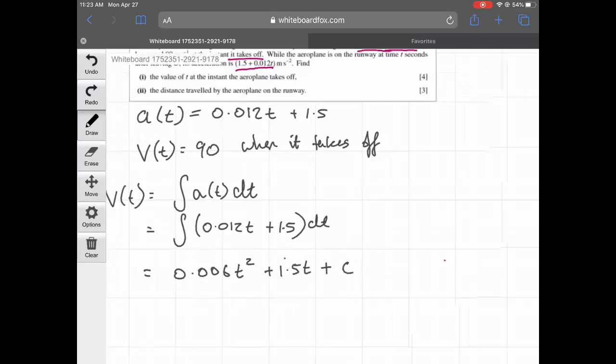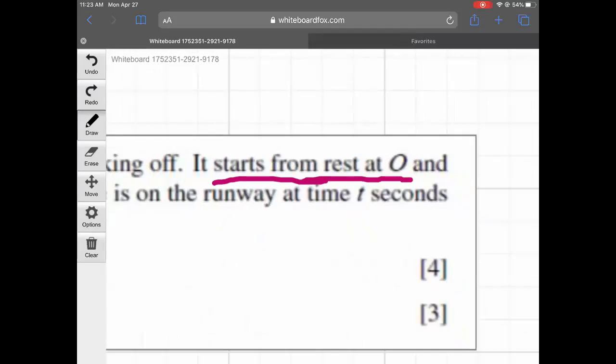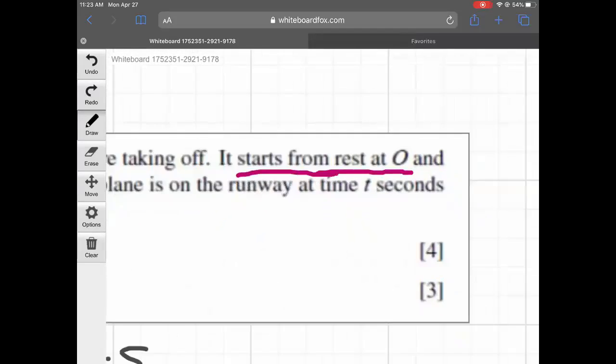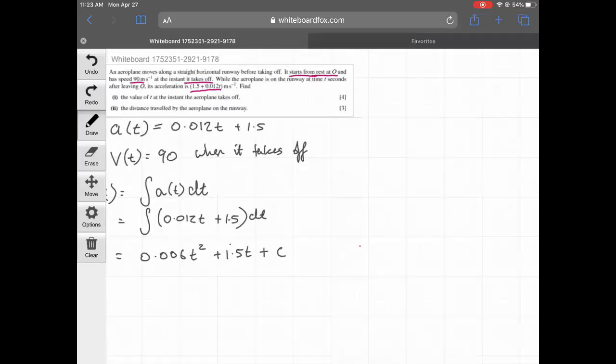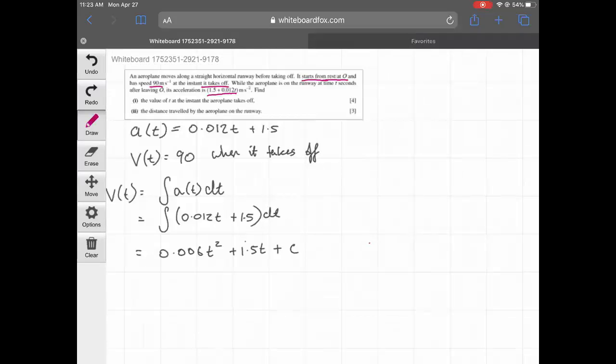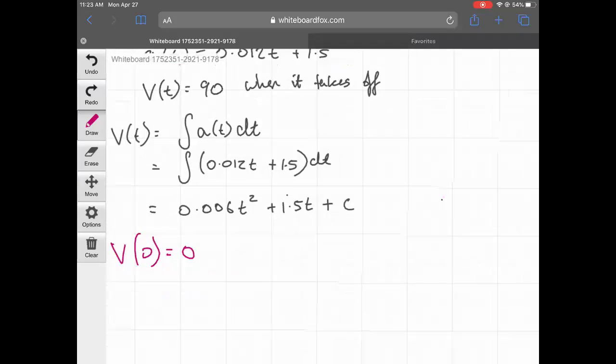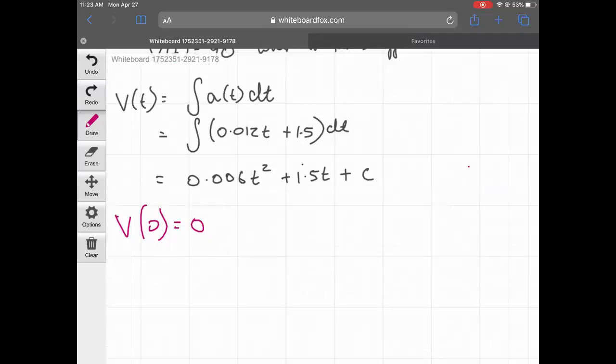but I do know it starts from rest. So if it starts from rest, that tells me that v of 0 equals 0. At time t is 0 initially, it has no velocity. So I can use that to show that this constant of integration here is 0.